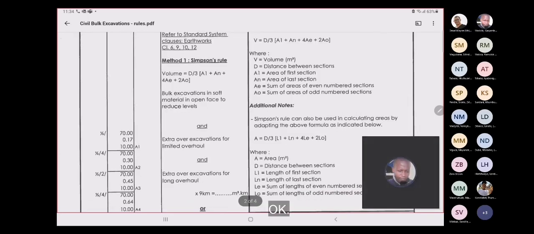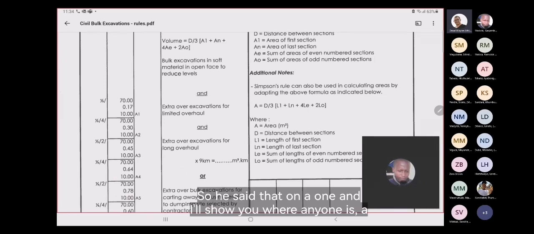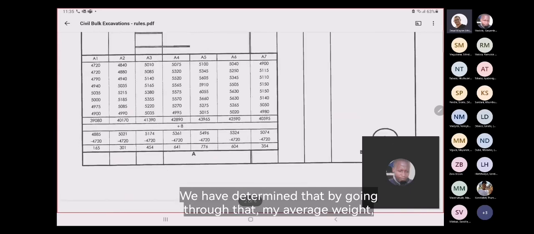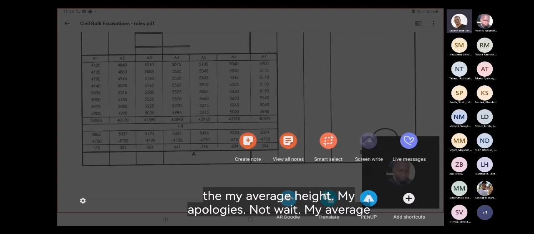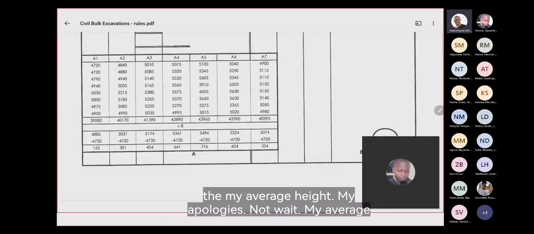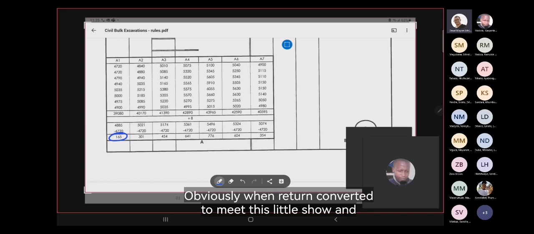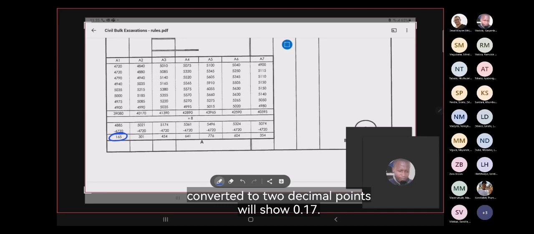Okay. So we said that on A1, and I've shown you where A1 is, the length is 70 meters. We've determined that my average height, my apologies, not weight, is 165 millimeters, which, converted to meters at 2 decimal places, will show 0.17.